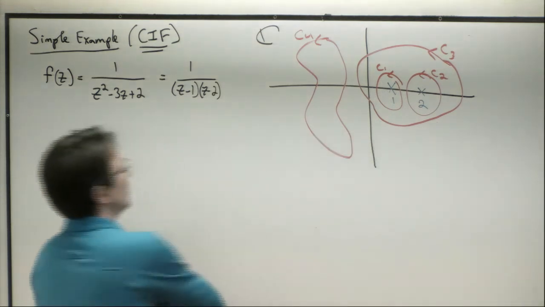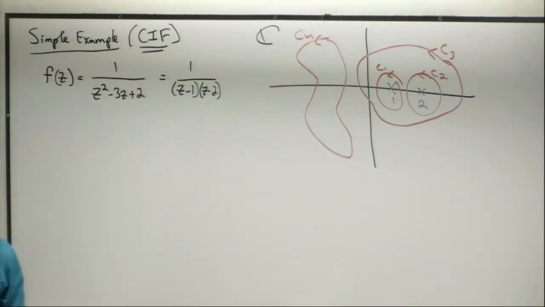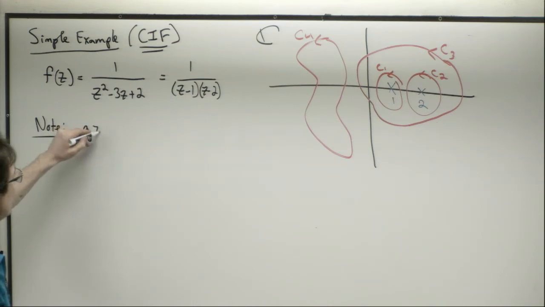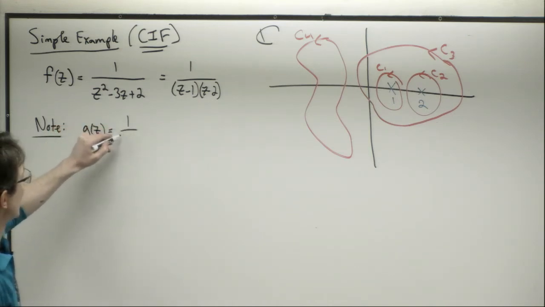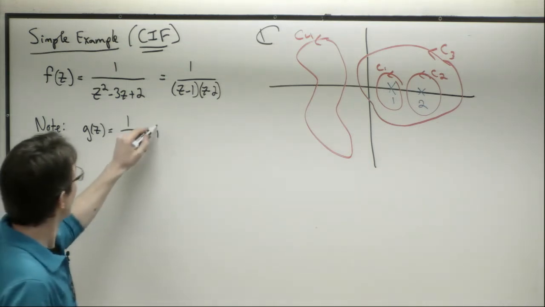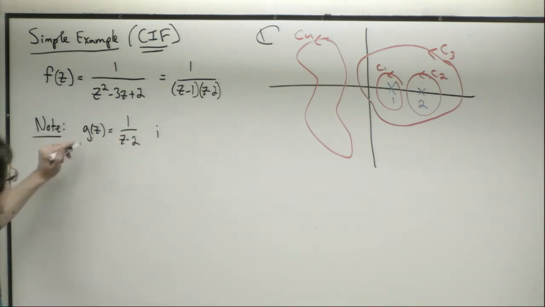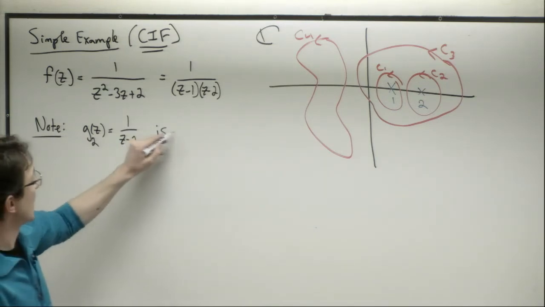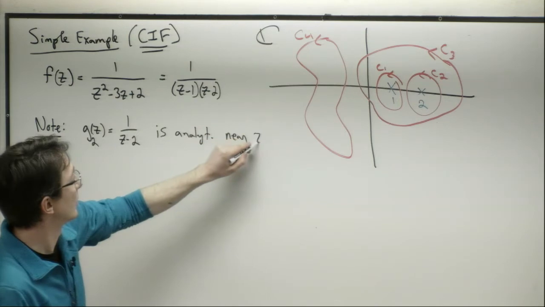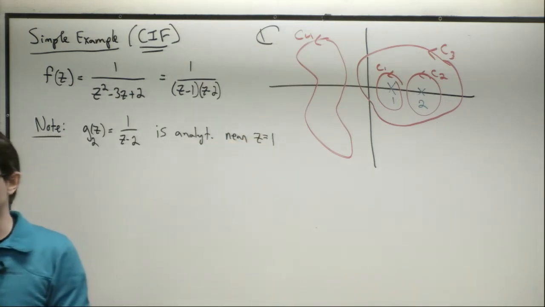Okay, so let's make a couple of important remarks. So first, note that I'm going to create a new function called g of z. So g2 of z equals 1 over z minus 2, and it is analytic near z equals 1.